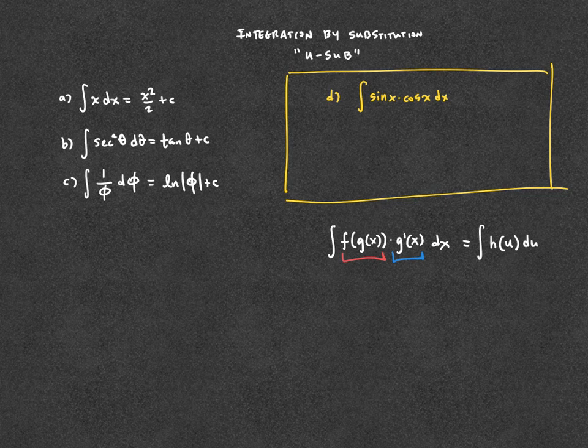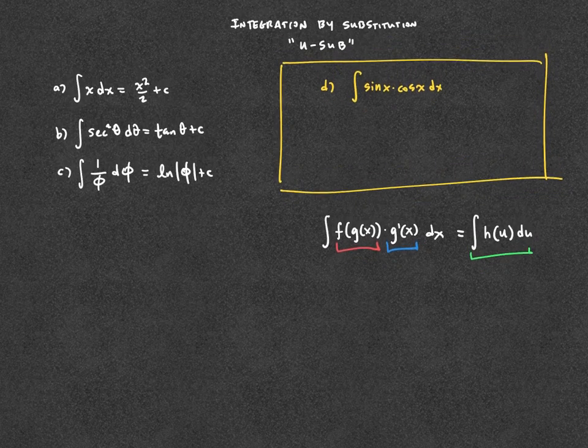Once we get this form, we can use basic techniques to integrate. It's a method to simplify the integral in terms of another variable and allow us to use more basic methods to evaluate.